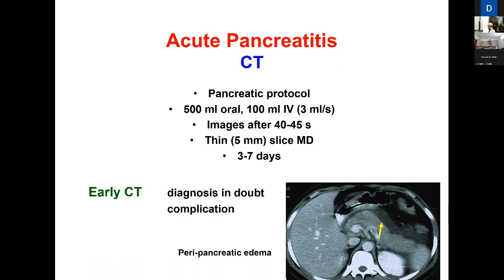The only situation where an early CT scan at the time of presentation of the patient would be indicated is if the clinical diagnosis is in doubt, when we don't want to miss a surgical problem like mesenteric ischemia, like proximal obstruction, like an aortic aneurysm-related problem.